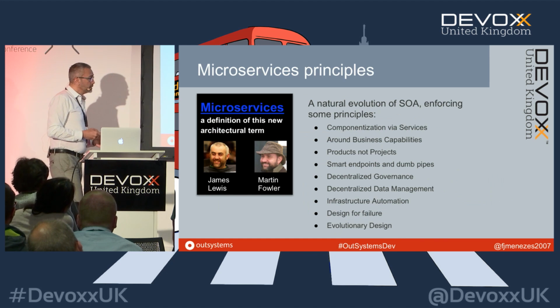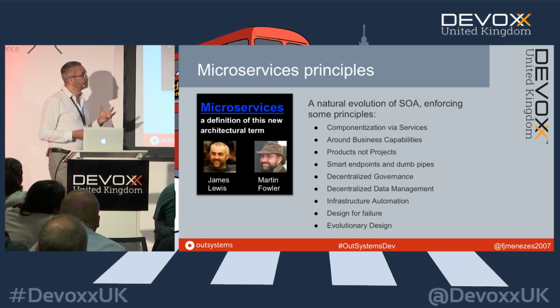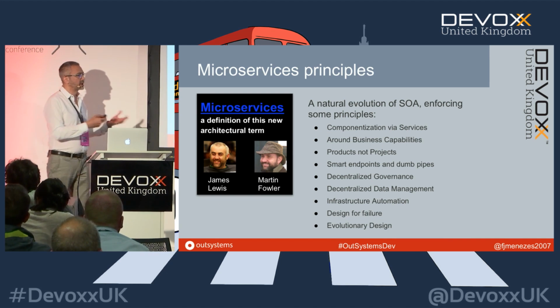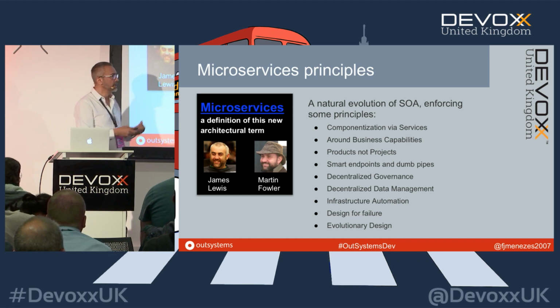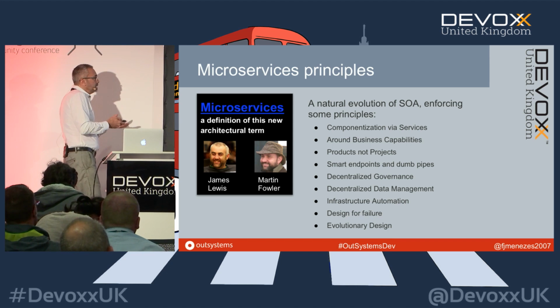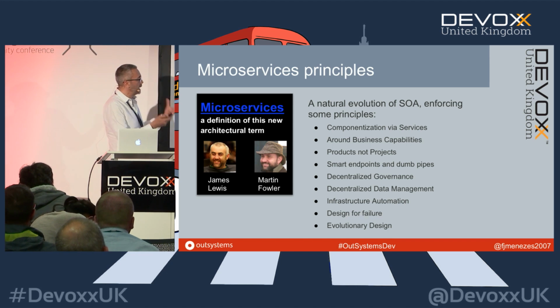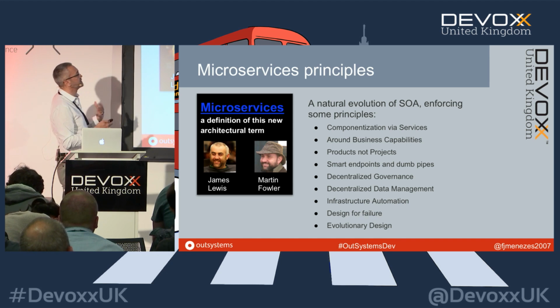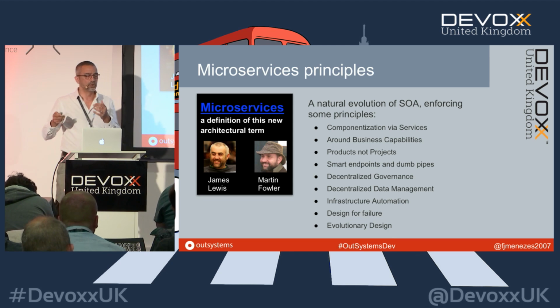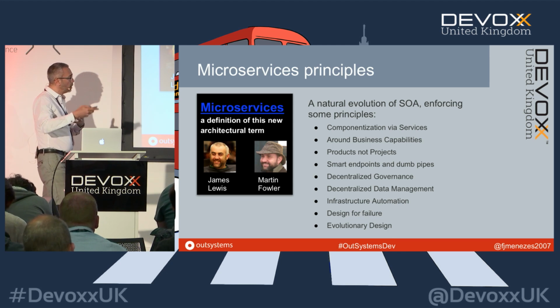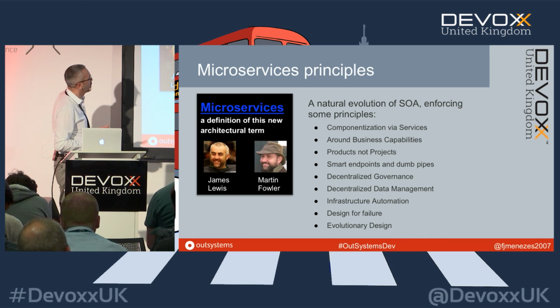Now, talking about microservice principles. I haven't talked about microservices so far, but of course you already see some of the flavors. And microservice is, for me, basically a natural evolution of service-oriented architecture, enforcing some principles that are very useful to avoid running into a lot of known bad patterns and problems.